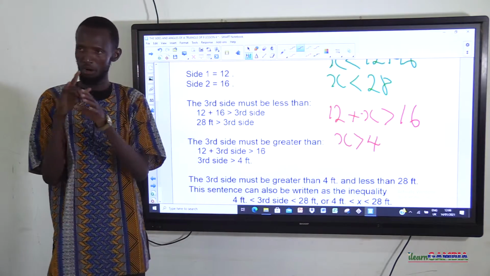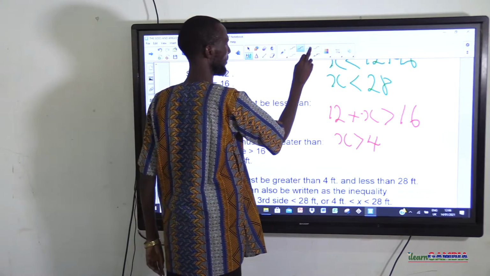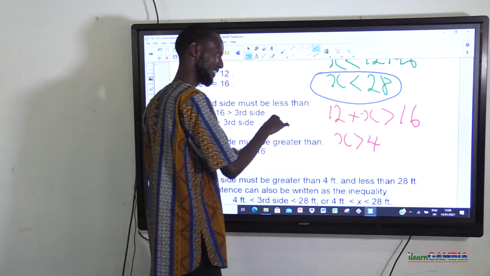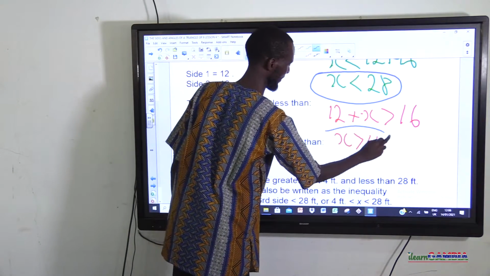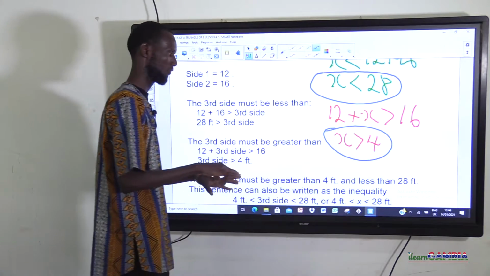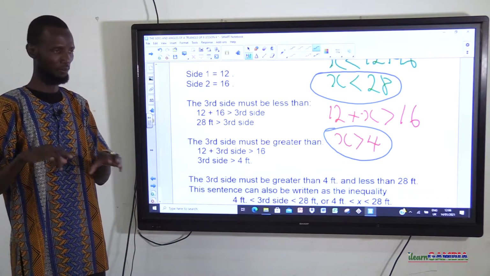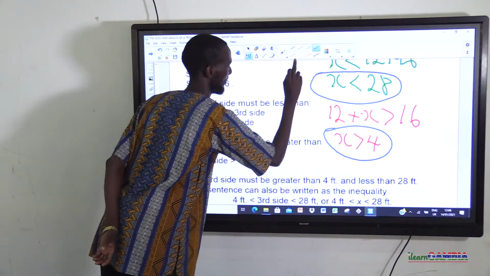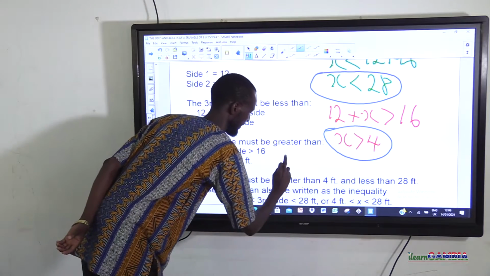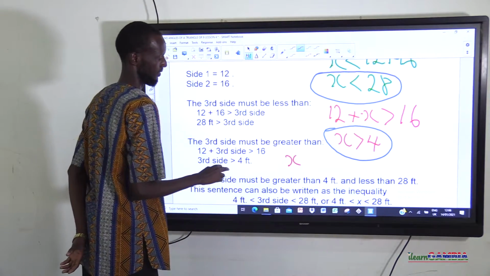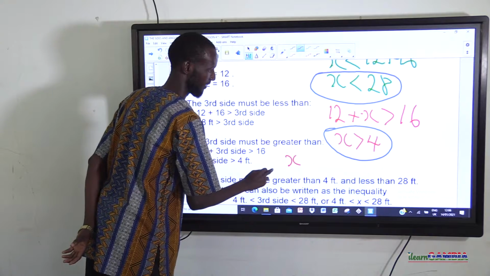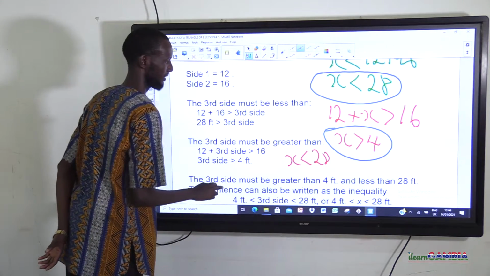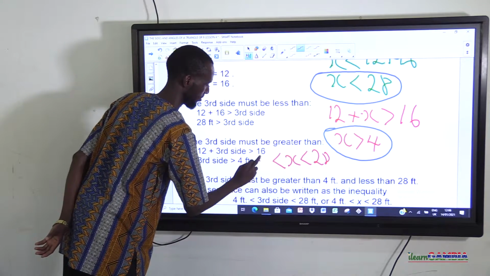Good. So now all we do is combine this. x is less than 28, and x is greater than 4, as one inequality to predict our possible third side. If x is my third side, then that x has to be less than 28, but greater than 4.